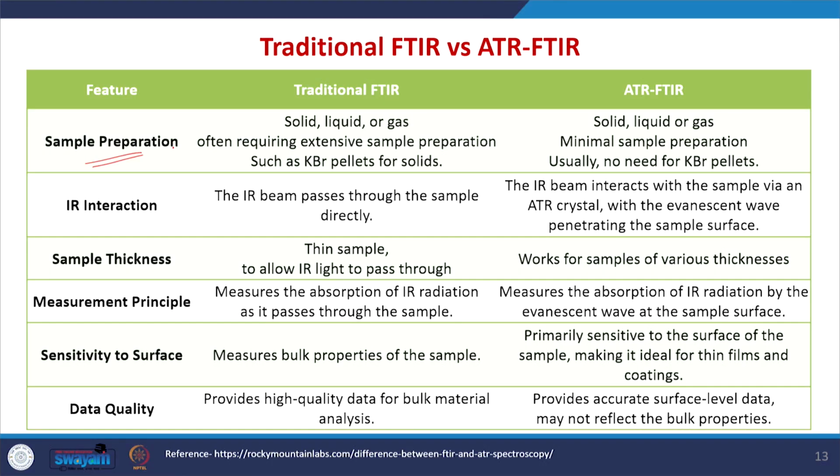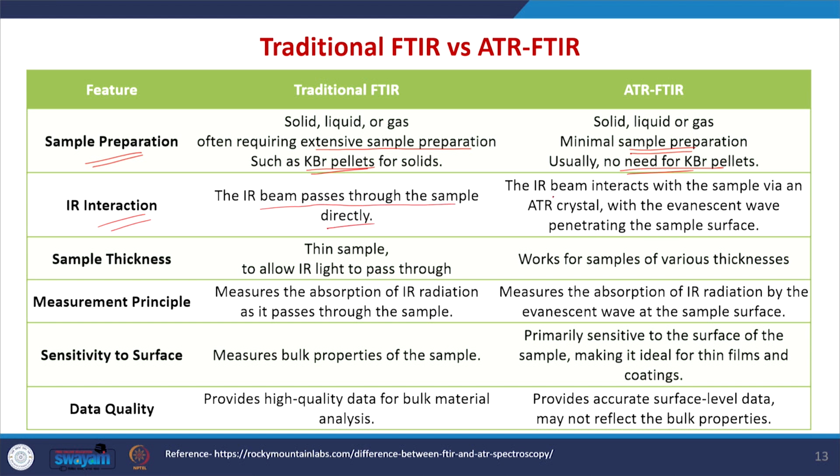Let us see the difference between traditional FTIR and ATR-FTIR. The first one is sample preparation. Traditional FTIR often requires extensive sample preparation. We have to use KBr pellets, whereas in ATR-FTIR the sample preparation is very minimal. There is no need for KBr pellets, and in case of IR interaction, the IR beam passes through the sample directly.